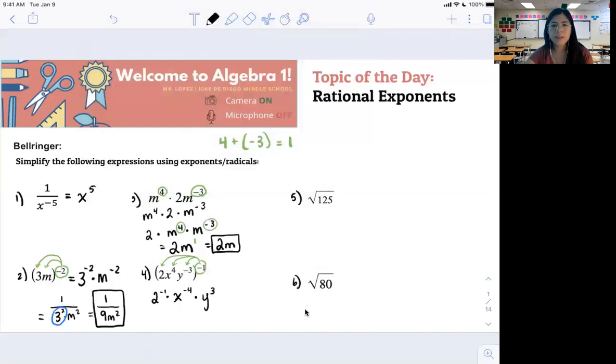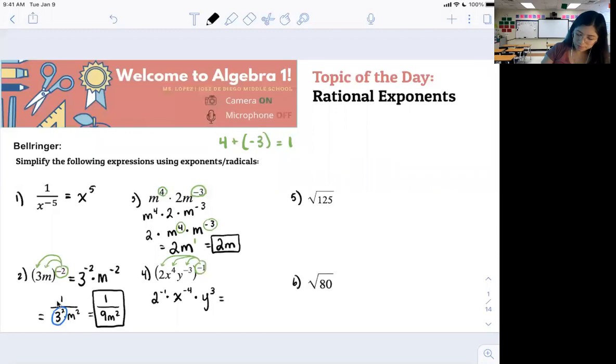Okay, now I see some negative exponents. So what happens to the values that have a negative exponent? They go down. So which ones are the only ones going down into the denominator? 2 and x. Everything, the y is going to stay exactly where it is because it doesn't have a negative exponent, so it doesn't have to go anywhere.